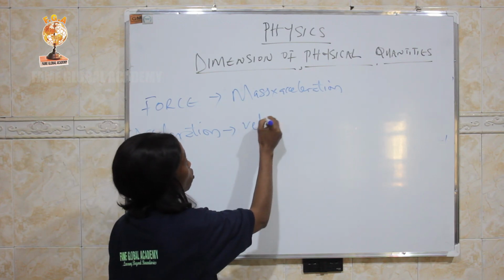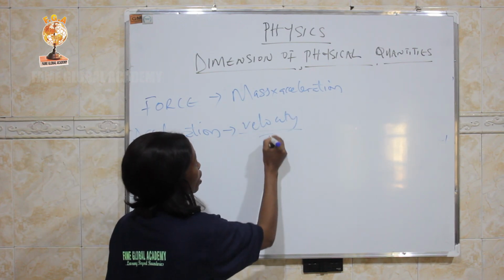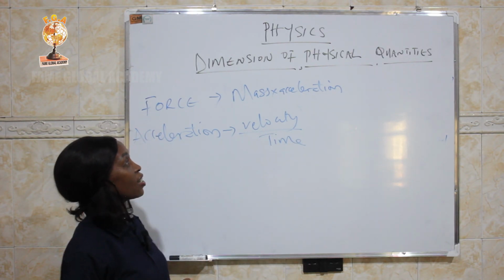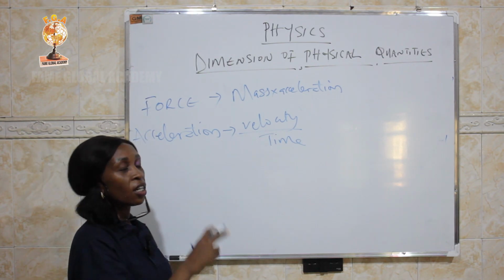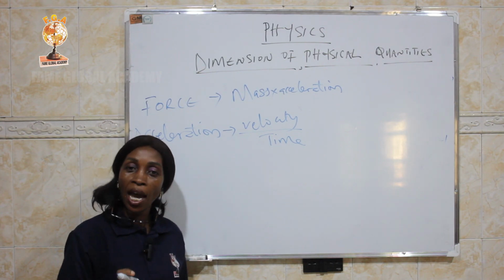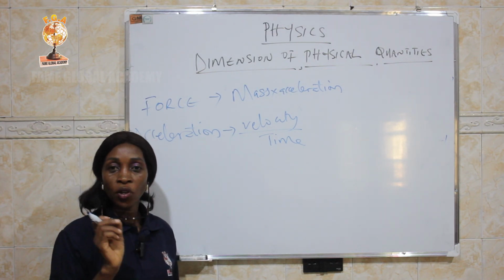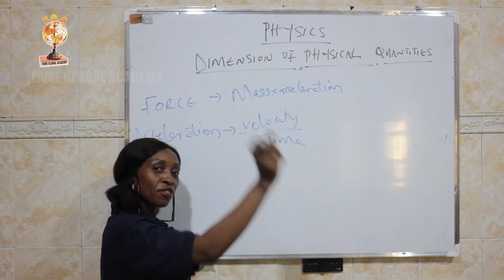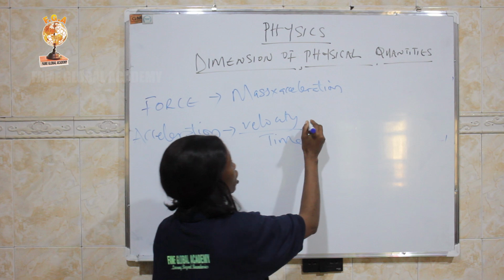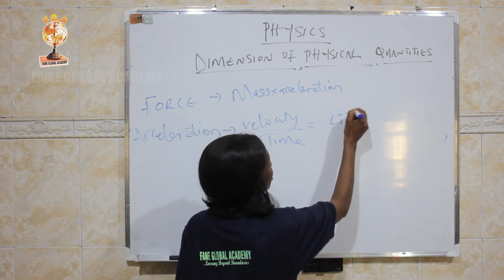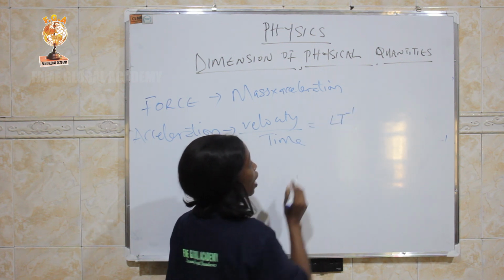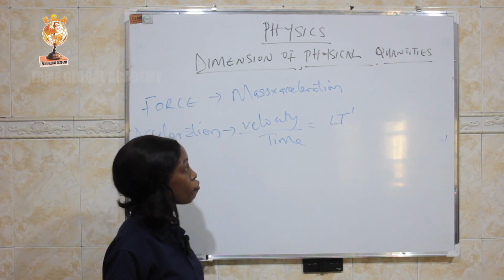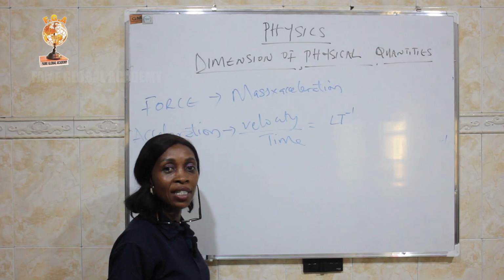Change in velocity with time. And remember, from our dimension of velocity, velocity is LT minus 1 as our dimension, from displacement over time.